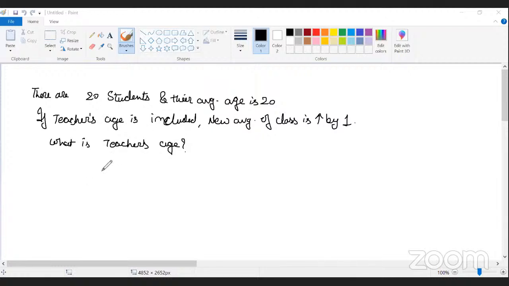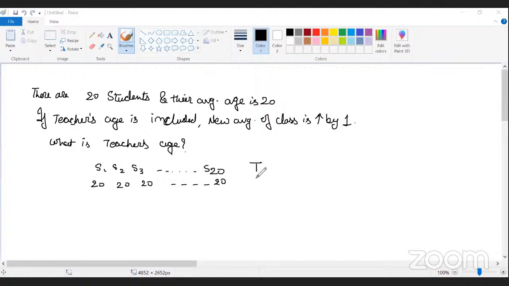So 20 students, S1, S2, S3. If we want to get the average, we must divide the sum of the total. Yes, that's correct, that's the traditional way. S20, right? So every student is 20 right now.